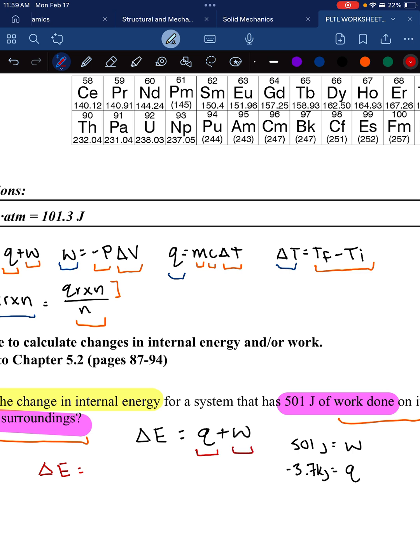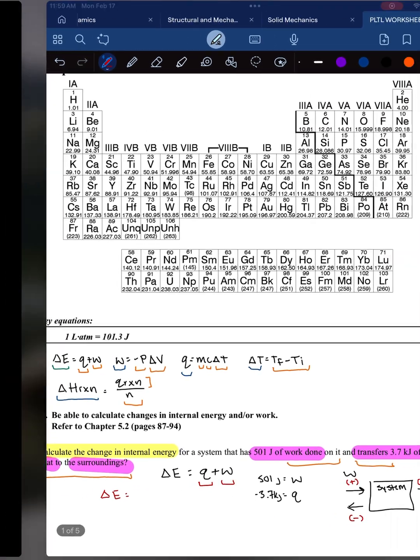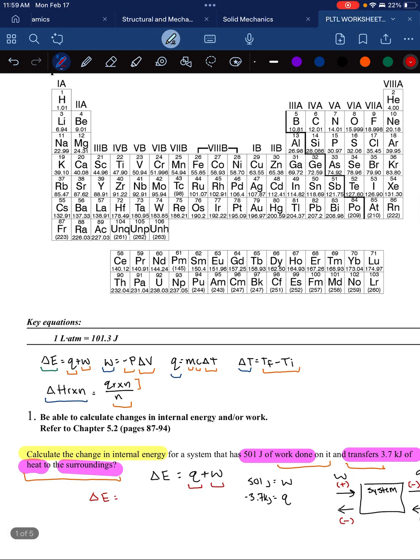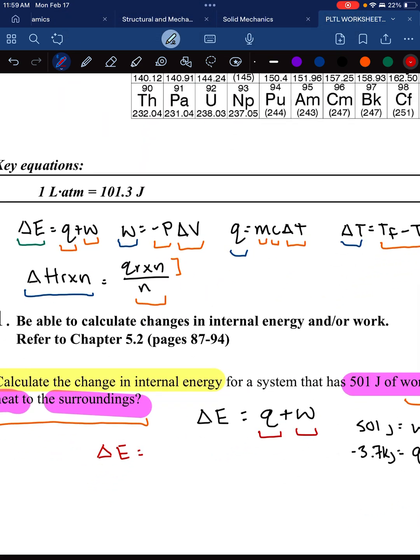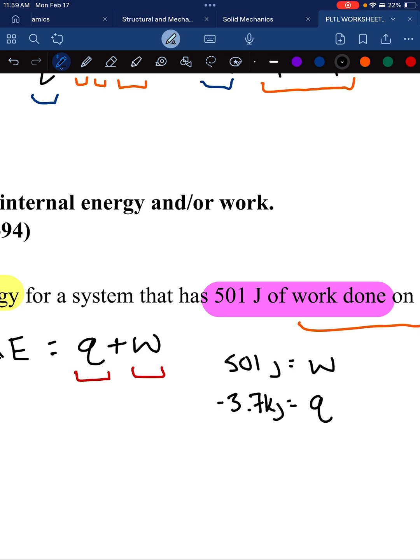So in this scenario, you're going to want to change them both to joules or both to kilojoules. Let's see if the problem specifies. The problem does not specify. So we can go ahead and do 501 joules, and we'll just change Q to joules.